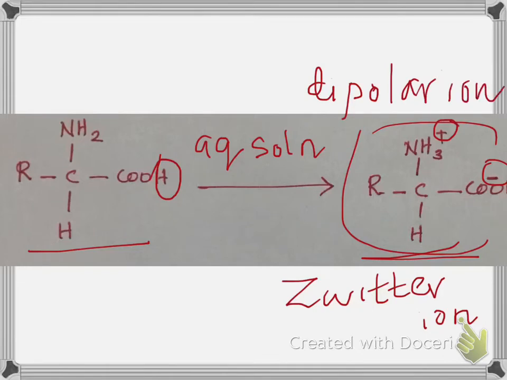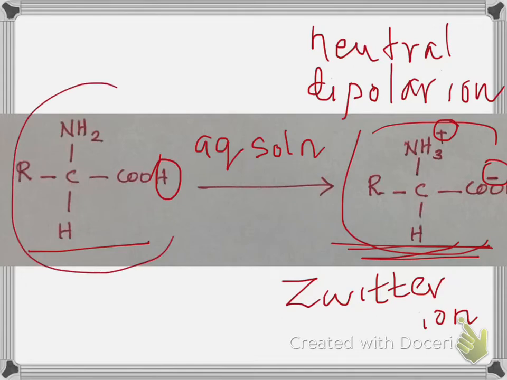Similarly, since both charges are present in the same molecule, it is a neutral molecule. So when we dissolve this amino acid in the aqueous solution, we get the zwitterion. It is also known as a dipolar ion or neutral molecule.